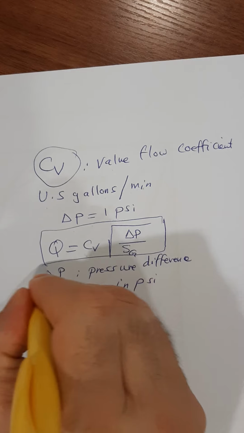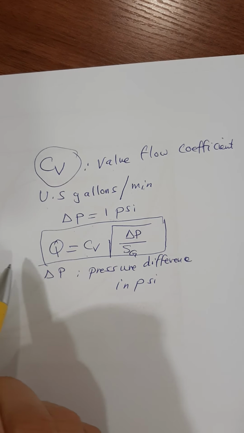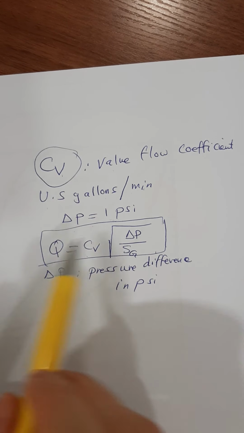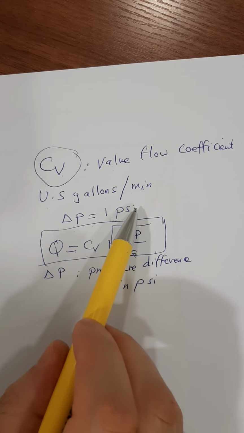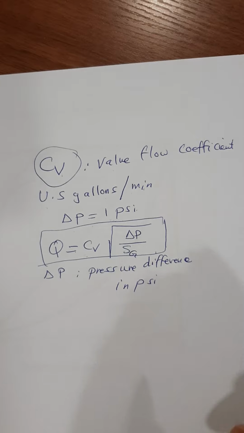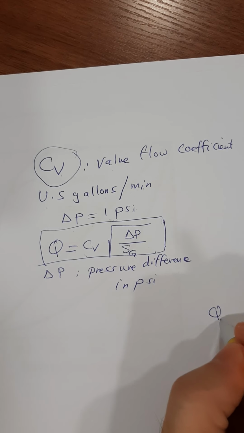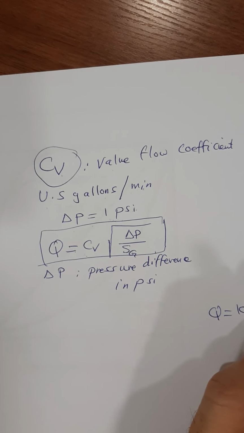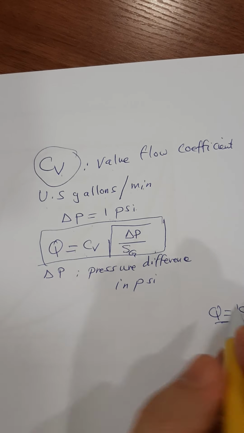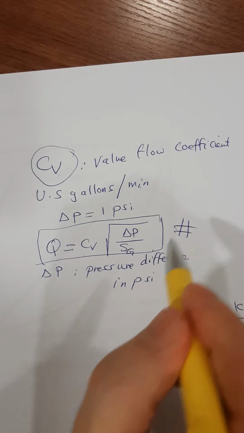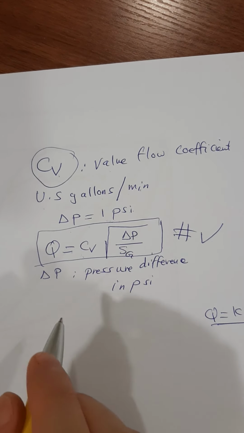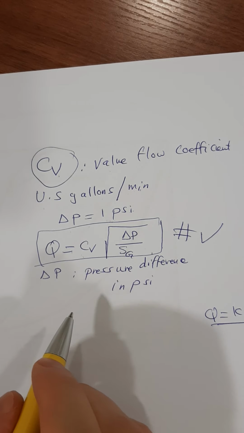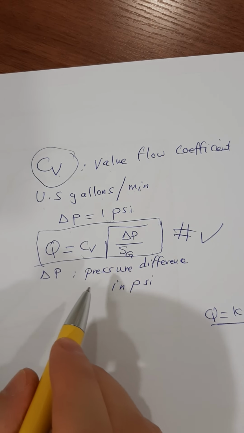This is a very important equation, and when we deal with the CV and this equation, the units are imperial units, not SI units. For the previous equation, Q is equal to K square root of delta P, we usually use SI units. But for this equation we use the imperial system, or English system of units.